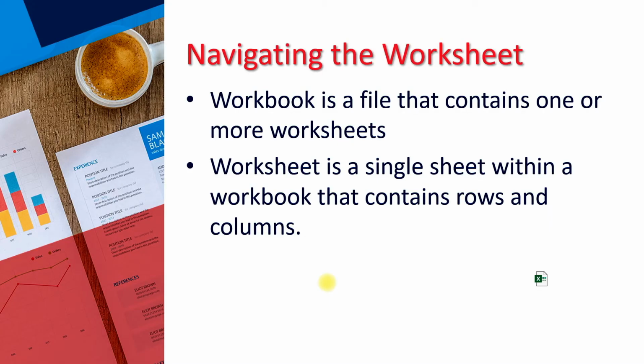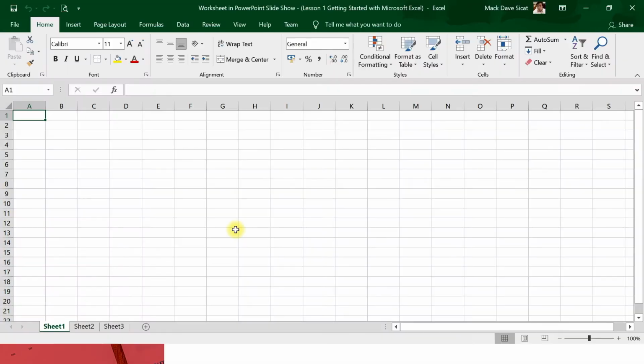Next is navigating the worksheet. So a workbook is a file that contains one or more worksheets. So a worksheet is a single sheet within a workbook that contains rows and columns. So let's now navigate the worksheet. So first, open a new blank worksheet. Okay, so the default sheet is sheet 1.